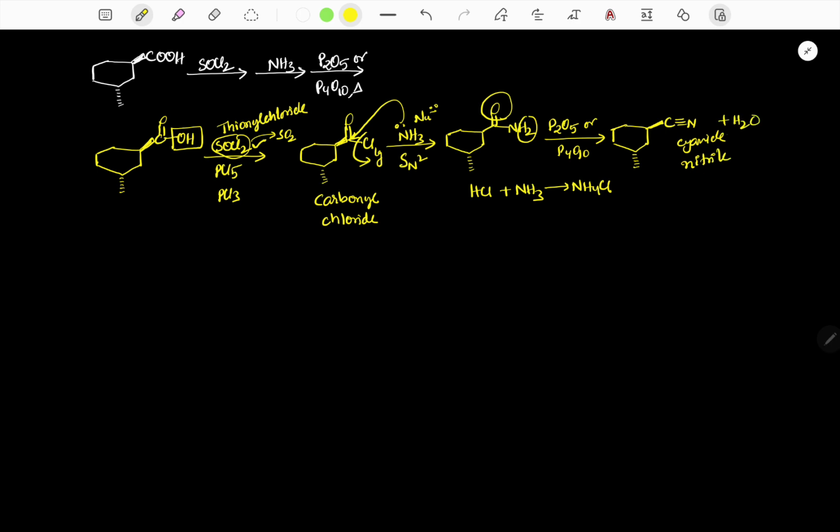So here P2O5 and P4O10 act as dehydrating agents. Now the structure of P2O5 and P4O10 is this; it is the structure of P4O10, which reacts with water and finally converts into H3PO4.